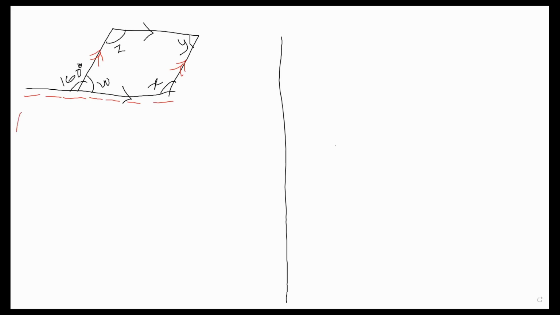So we can say that 160 degree plus W is equal to 180 degree. Now, what is the reason why 160 plus W equals 180? The reason is because they are sum of angles on a straight line.